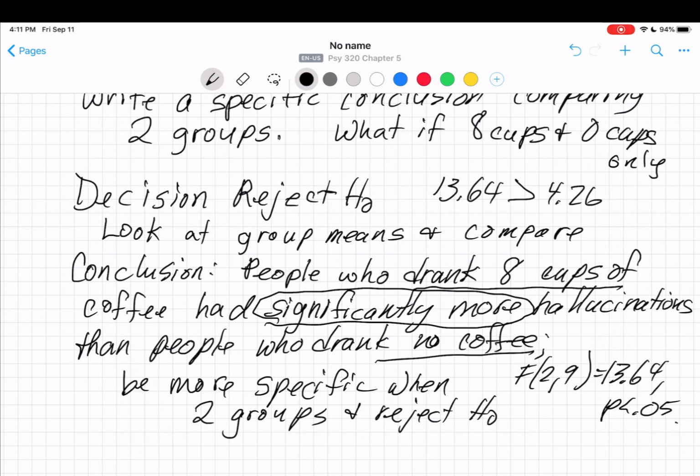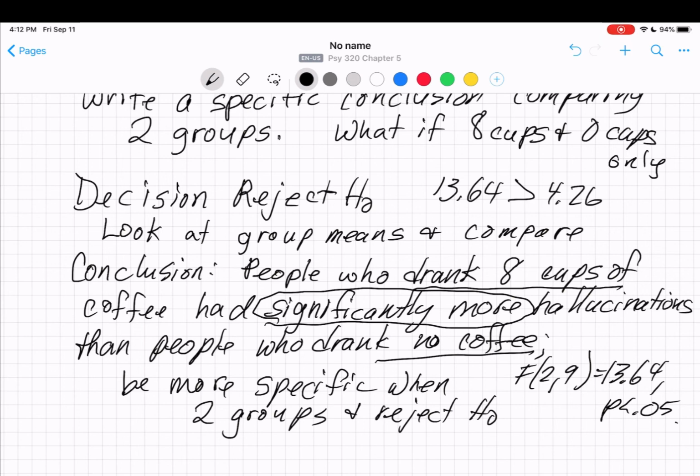Okay, so that then is information on how to find your critical value and write your decision rule using that critical value, that F alpha. Then how to compare your F statistic that you calculated from your data with that decision rule to make your decision.